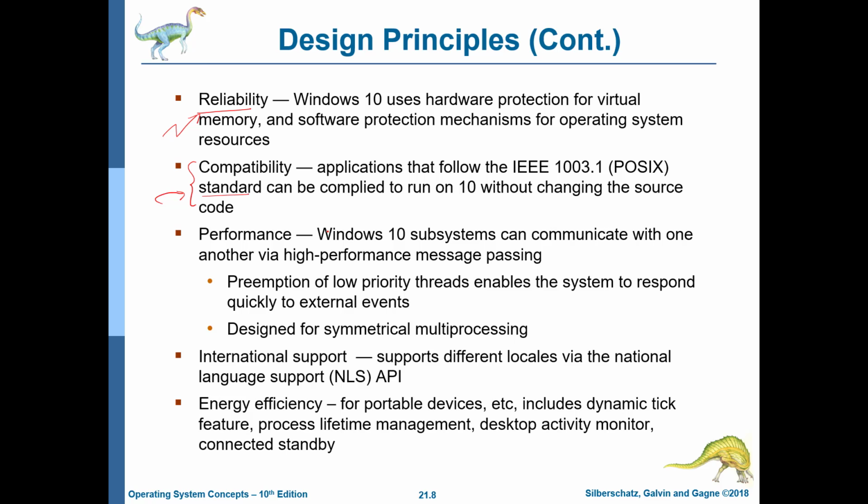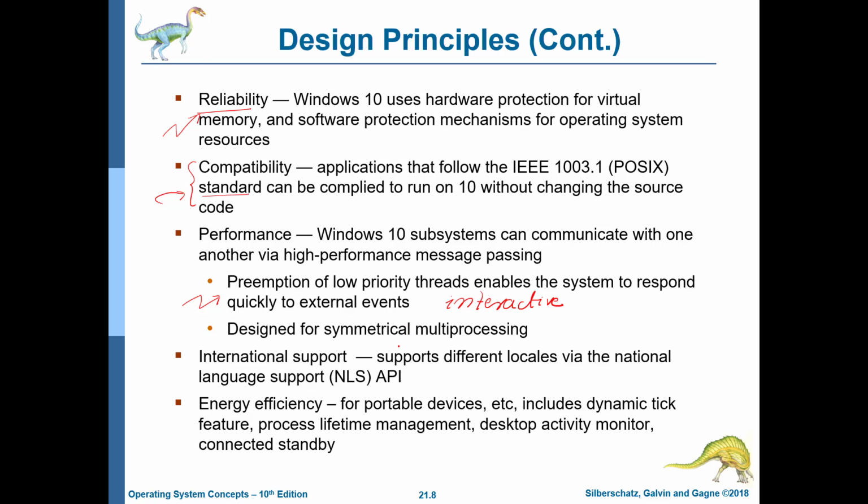So in terms of performance, Windows has extremely efficient IPC mechanisms where Windows subsystems and processes can talk to each other via a very high performance message passing mechanism. And then we have preemption of low priority threads, which enables the system to very quickly respond to external events and interactive events because it's meant to be a graphical user based system. So interactive events have a high priority.